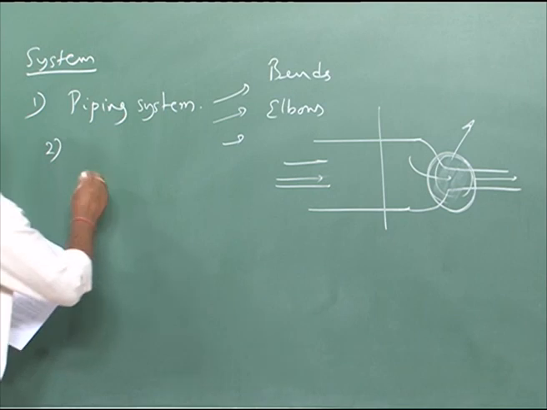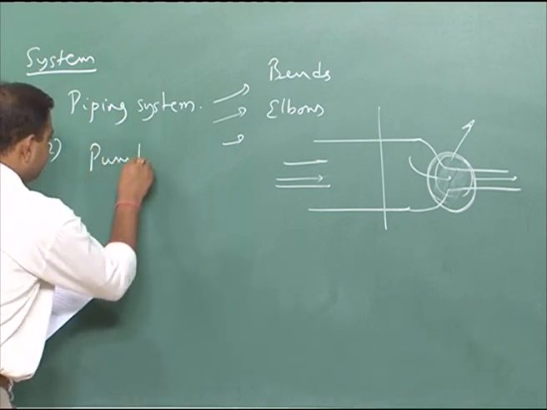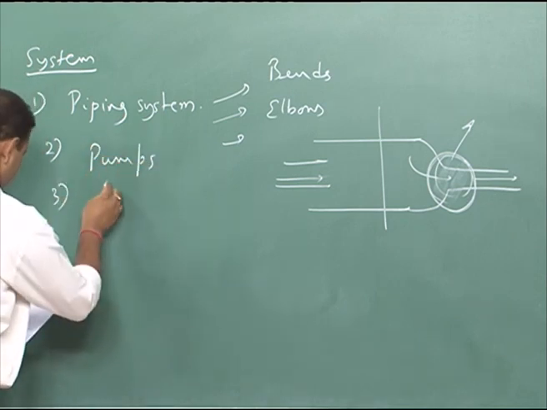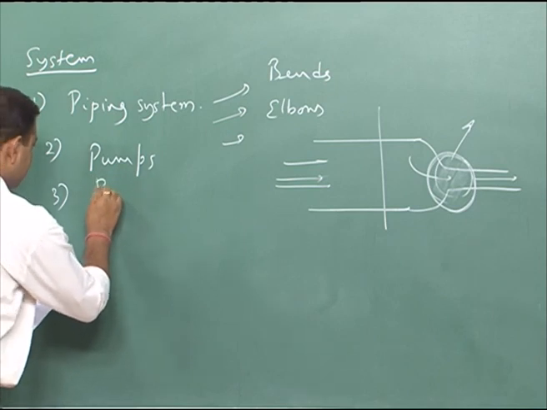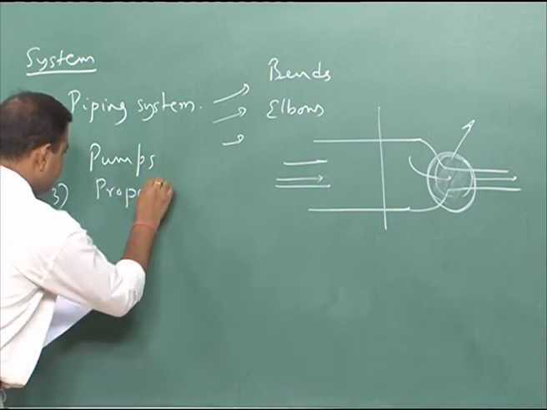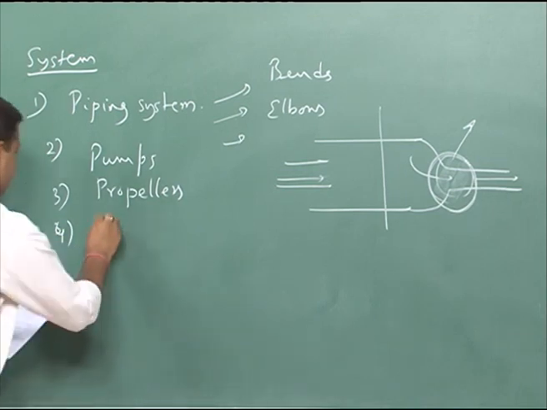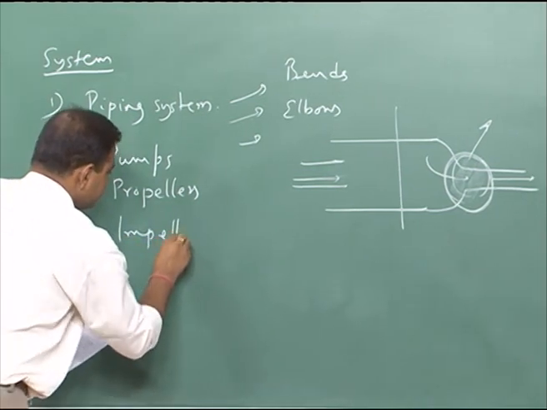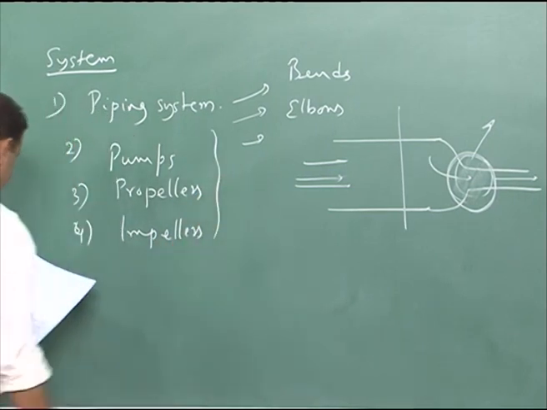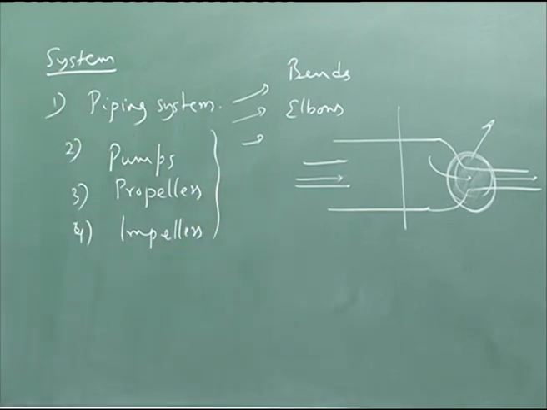Then we have pumps, propellers, and impellers. These are the systems where we can have a lot of erosion corrosion effect.